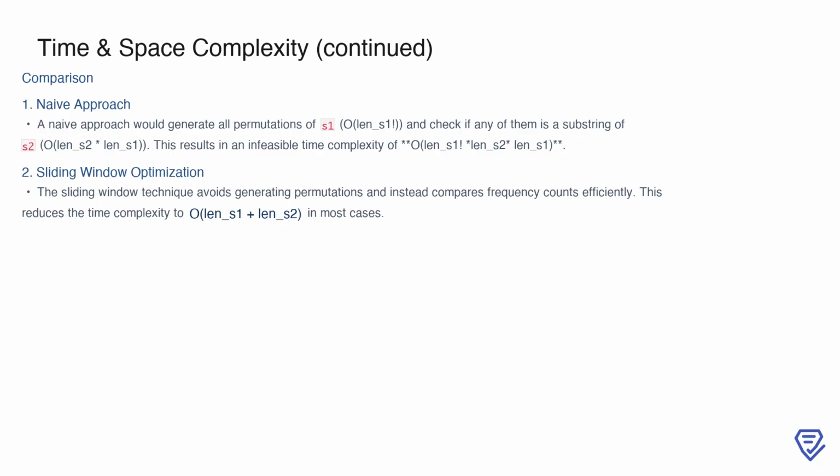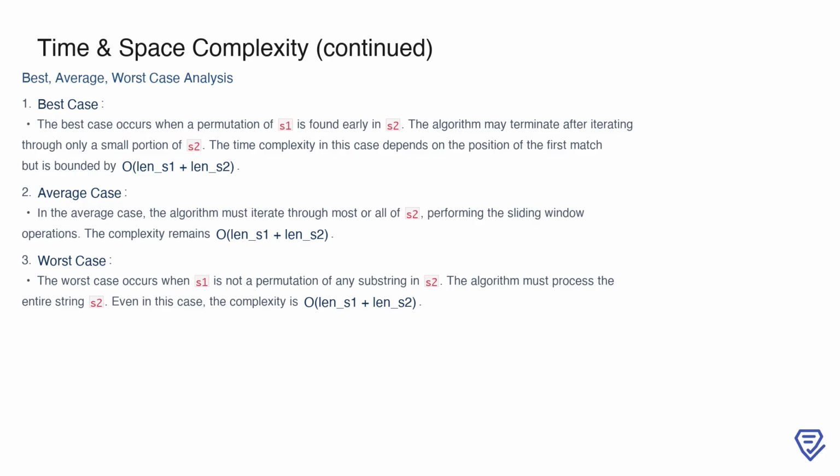for larger inputs. Analyzing the algorithm further, we can consider the best, average, and worst-case scenarios. In the best case, a permutation of S1 is found early in S2, allowing the algorithm to terminate after processing only a small portion of S2. While the exact runtime depends on the position of the first match, the time complexity remains bounded by len_S1 + len_S2.